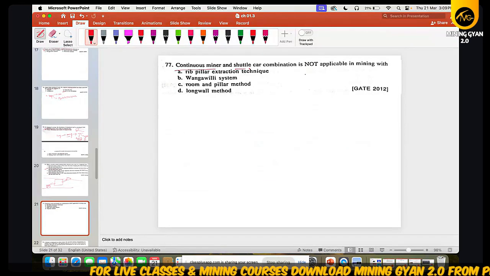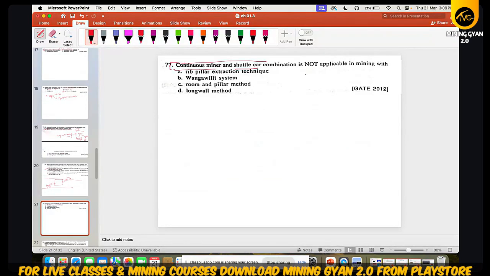Continuous miner and shuttle car is not applicable.